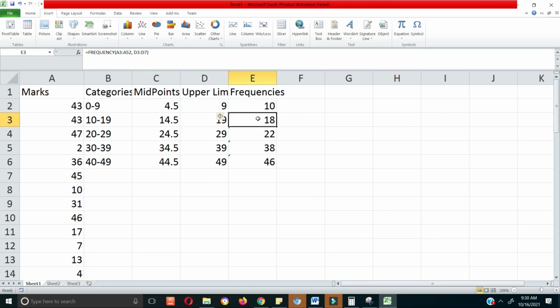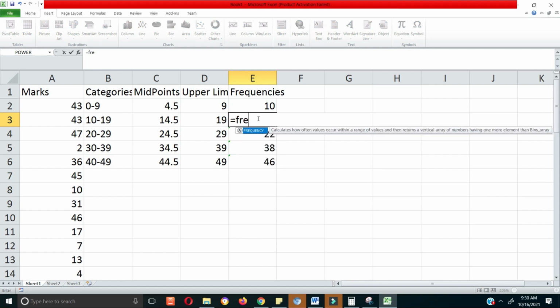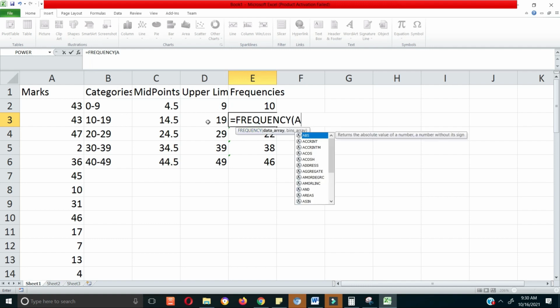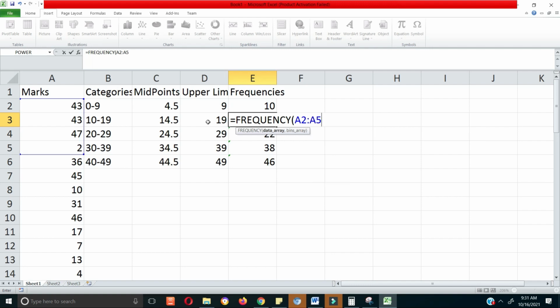Then this is going to be the frequency A2 to A51 up to, minus whatever is up here.